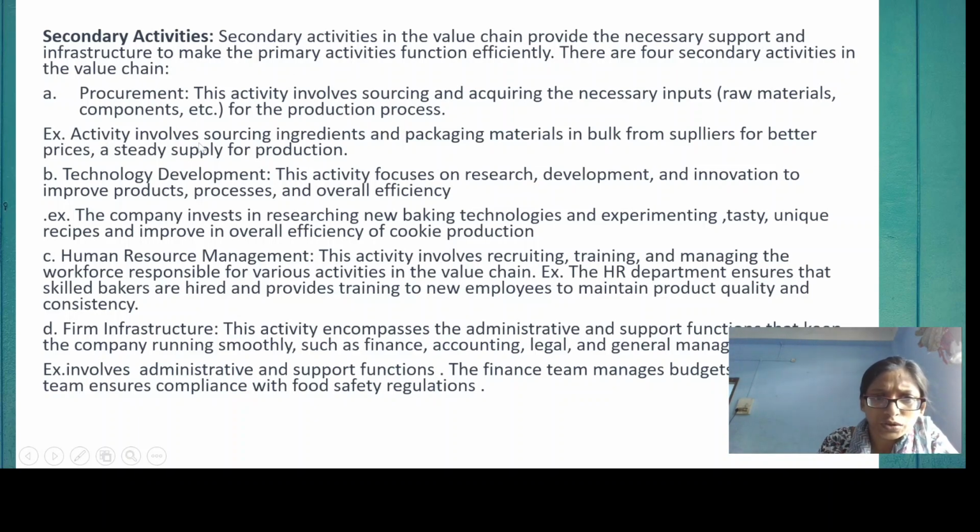For example, the activity involves sourcing ingredients and packaging material in bulk from the suppliers for better price and steady supply for production.